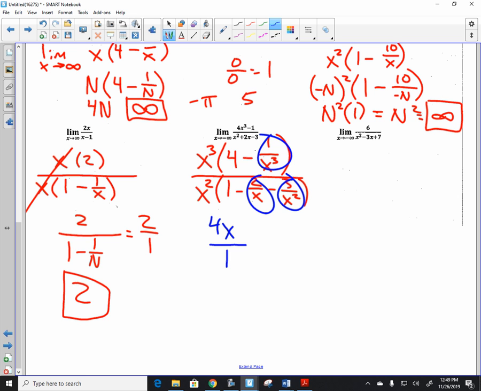What are you going to plug in for x? Negative n. So we get 4 times a very large negative number. Negative infinity.